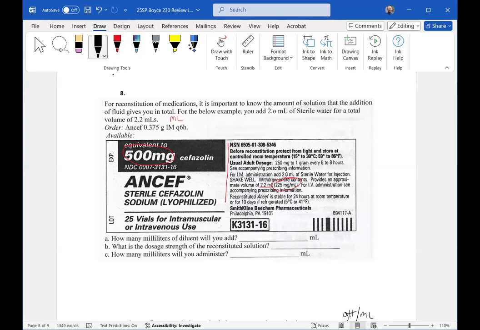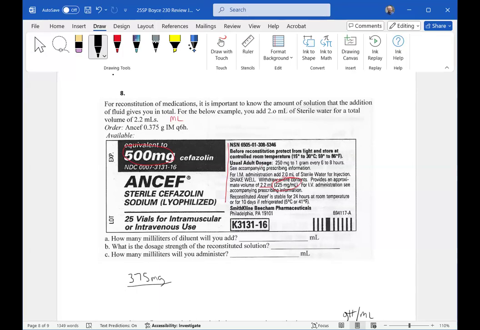Okay. So once we have found that, we're going to take our order, the 0.375 grams, and this is one where, if you like to use order over available, that works out perfectly. The first thing I'm going to do is convert the 0.375 grams to 375 milligrams because my available is also in milligrams.